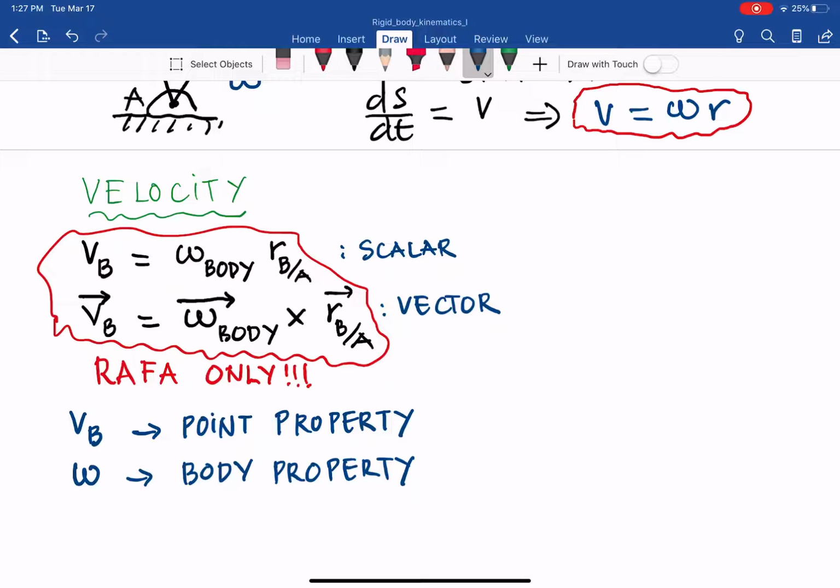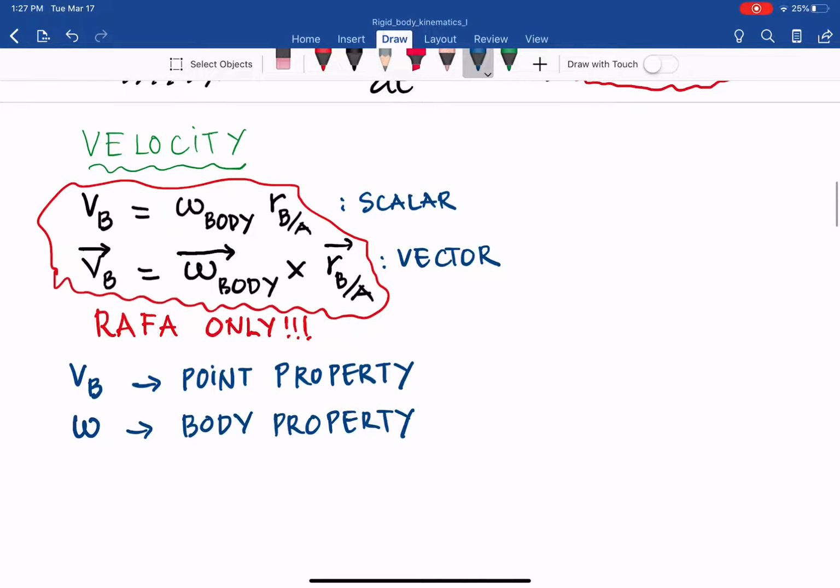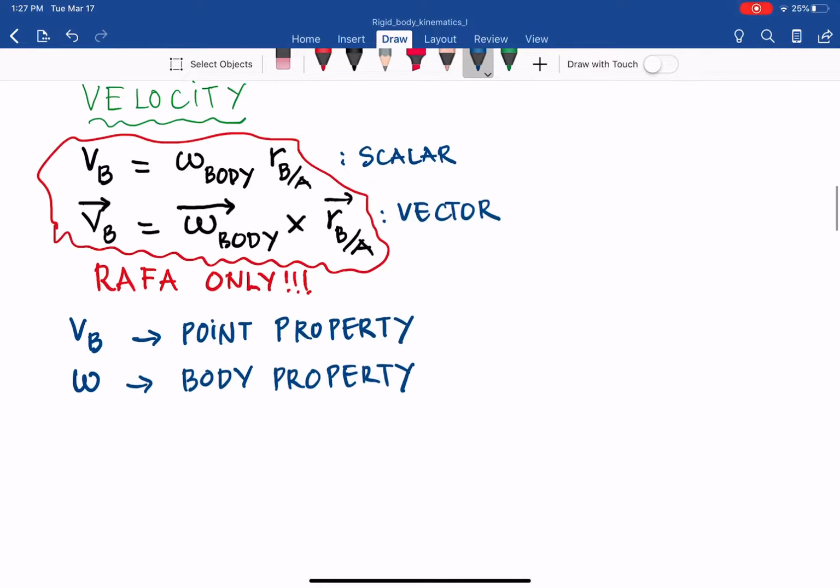That's why it is a point property. Only that point may have that velocity. The other points on the same body have different velocities. That's why we need to emphasize point property and body property in the rigid body kinematics class. In the next video, I will show one PDF file in this lesson that you can refer to.